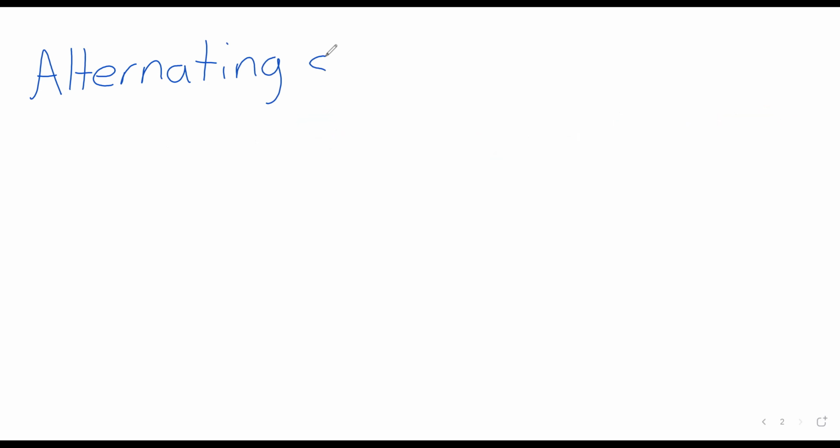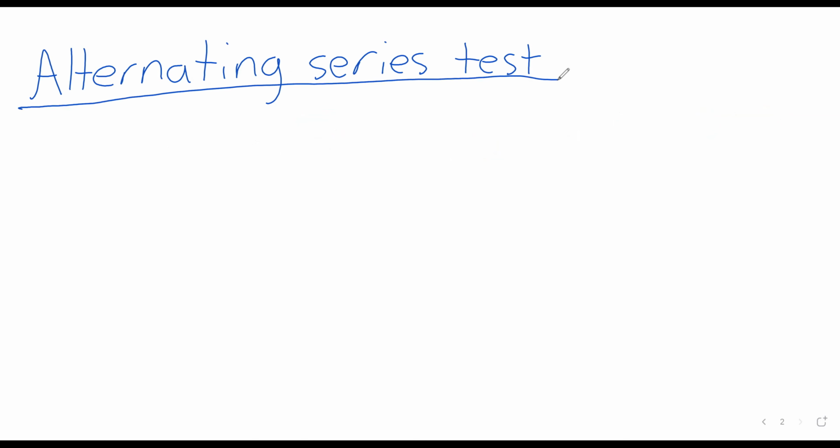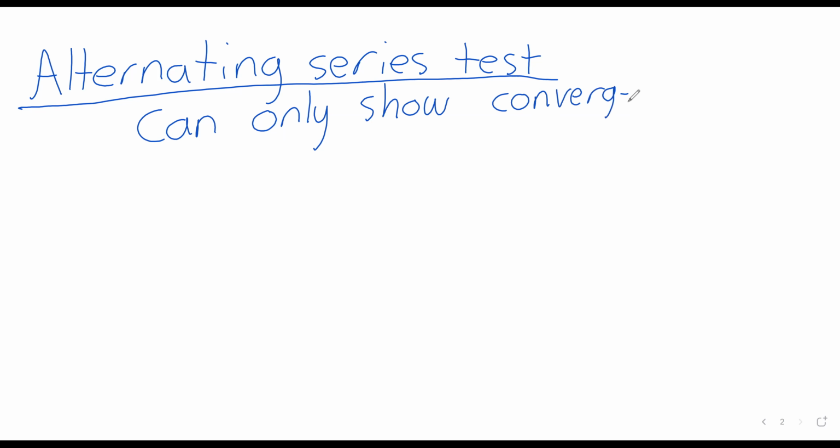The alternating series test. And the alternating series test is sort of like the anti-nth term test, in that it can only show convergence.